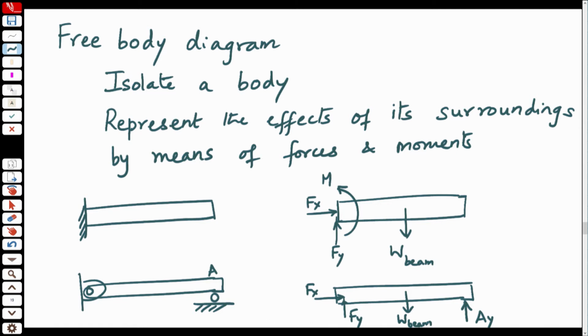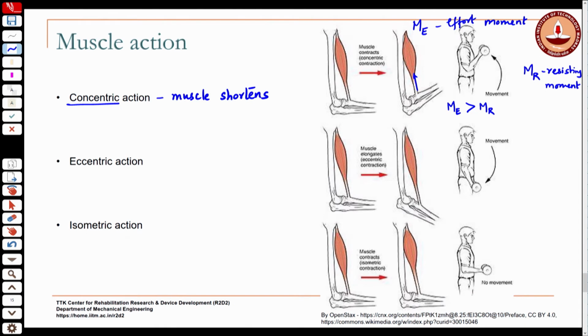And then you use the principles of statics, in this case, but if it is a dynamics problem you would use the principles of dynamics. Statics is just a special case of dynamics where your linear and angular accelerations are 0. You would use those equations to solve for unknowns.